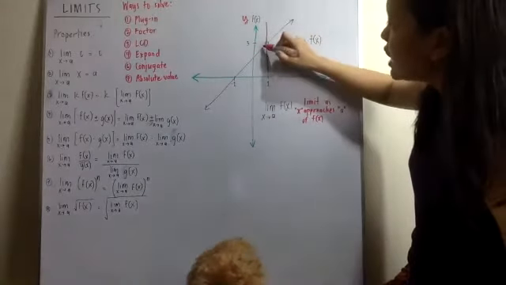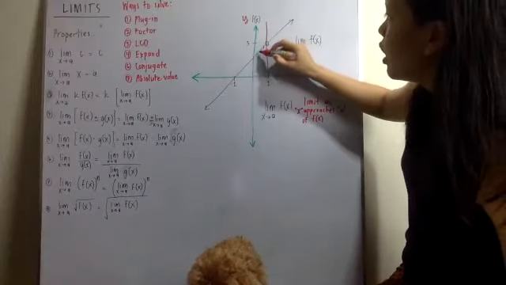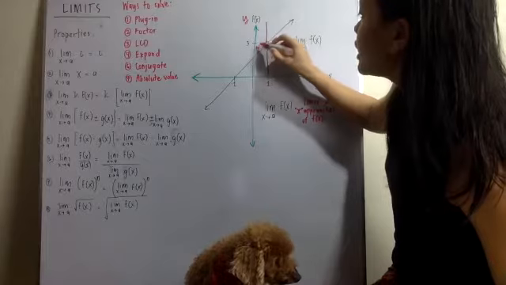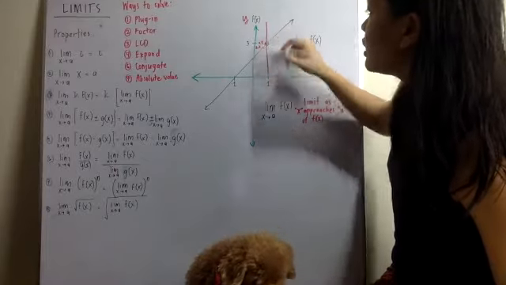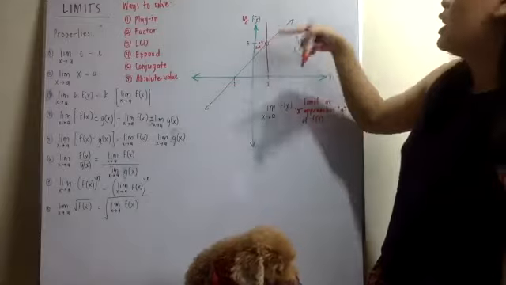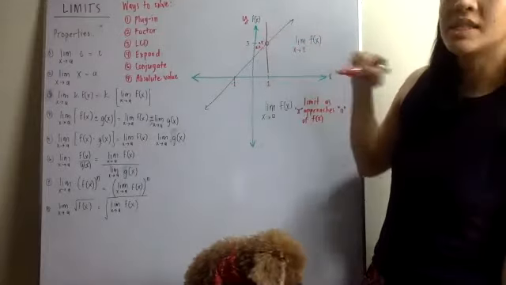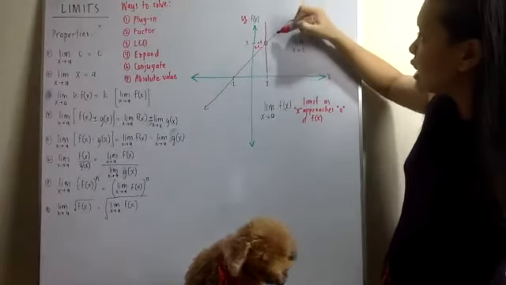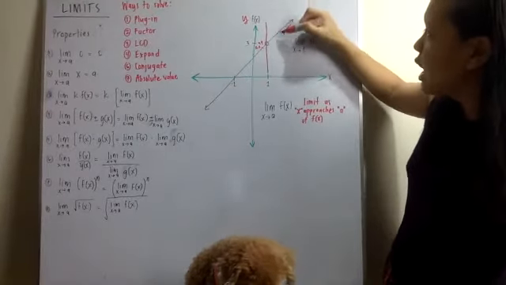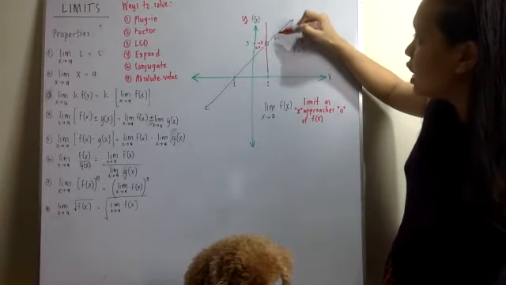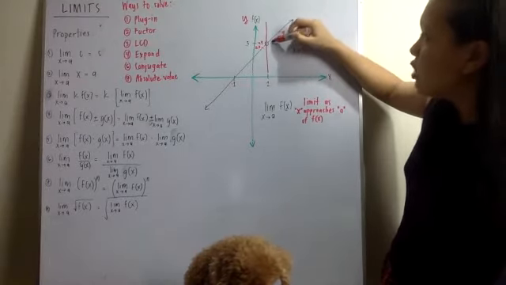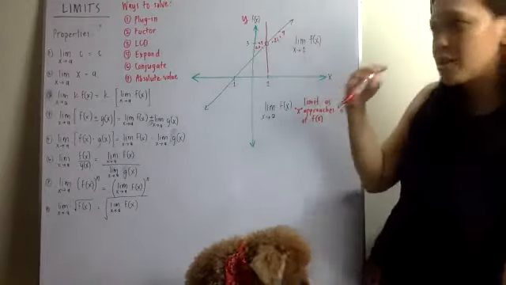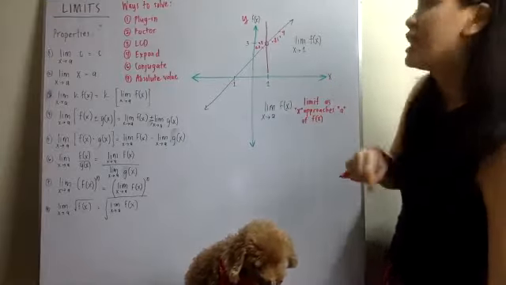So yung mga values natin dito na malapit, meron tayong 2.8, 2.9, 2.999, 2.99999. So palapit siya ng palapit sa 3. So kapag titignan din natin ditong side, yung values natin dito, let's say here we have 4. Okay? Palapit ng palapit, we have 3.1. And then 3.01, 3.001, 3.00001 hanggang sa lumapit tayo sa 3.